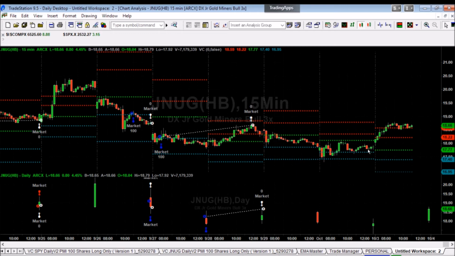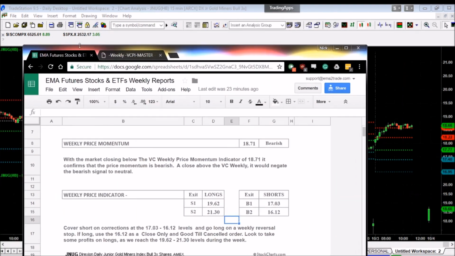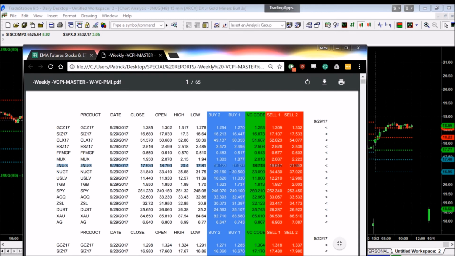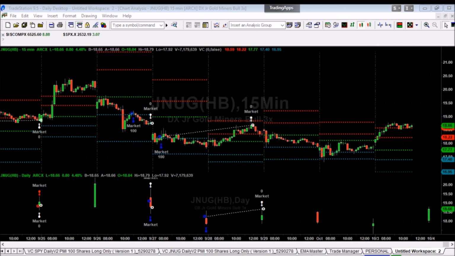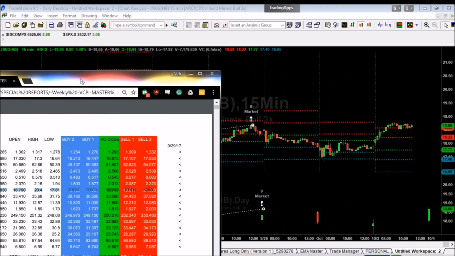As you can see here, the market from the B1 level on the intraday has been recommending to buy the market from the B1 level. And this confirms that the market has come down to a very good and ideal buying level that represents the 1612 to 1702 level, based on the report that we published this weekend.